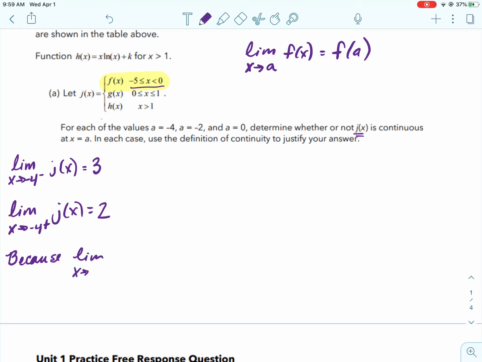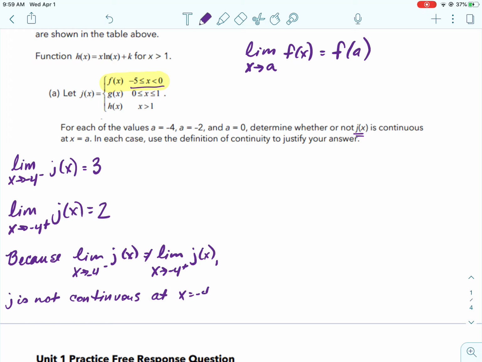So what we would say is, because the limit as x approaches -4 from the left of J of x does not equal the limit as x approaches -4 from the right of J of x, J is not continuous at x equals -4. All right, so that is one case.